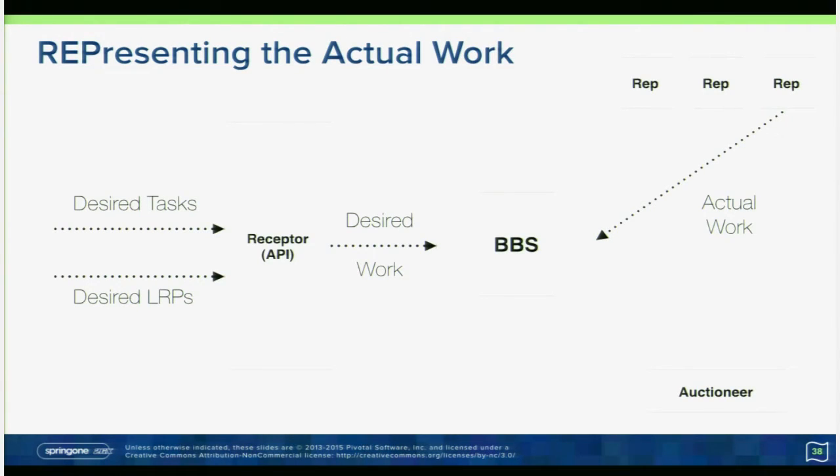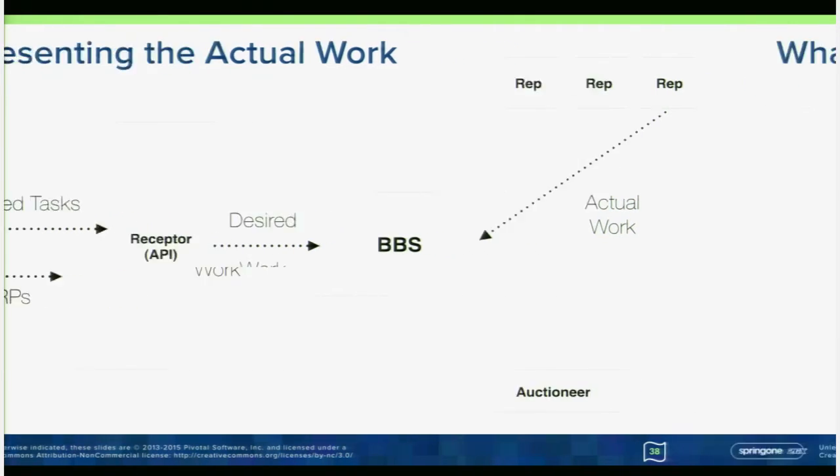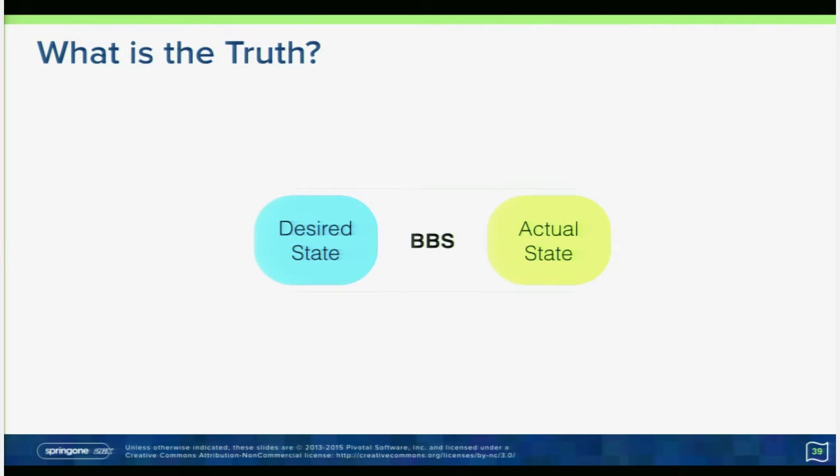And so then ultimately, what we're doing here through this kind of dance between stuff going into the BBS that's desired, stuff going into the BBS from the rep that's actual, is we're basically trying to ask the question, what's the truth? There's a very strong notion of truth and management of the truth inside of Diego, and all of that is being maintained in this component called the BBS.